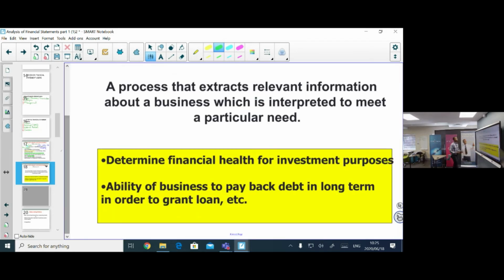Determine financial health for investment purposes, ability of the business to pay back its debt in the long term in order to grant a loan, maybe to provide a loan to directors, and maybe to pay dividends also. And also there are what we call interim dividends, whereby dividends are declared maybe during the financial year, before the actual dividends are paid. That is called interim dividends.